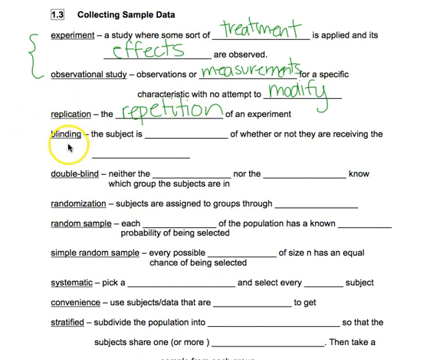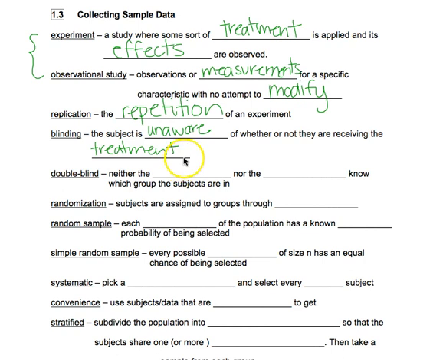We also, within our samples, have blinding, where the subject is unaware of whether or not they are receiving the treatment. So the most common way to explain this is with medical studies.